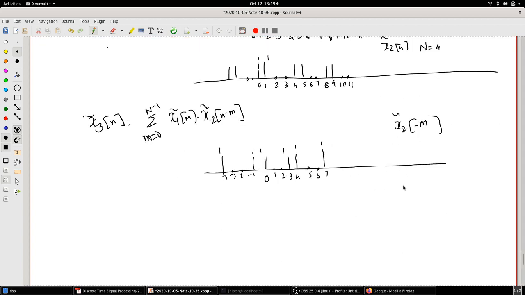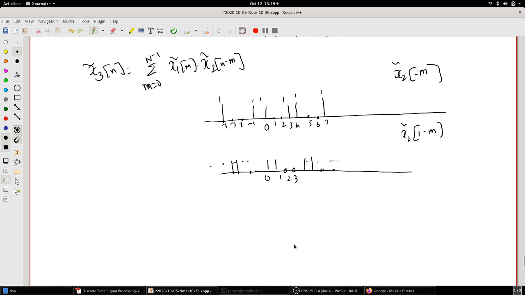When I do a right shift, x2 tilde of 1 minus m will be a new sequence, something like this. Again, x2 tilde of 2 minus m will be 0 1 1 0.